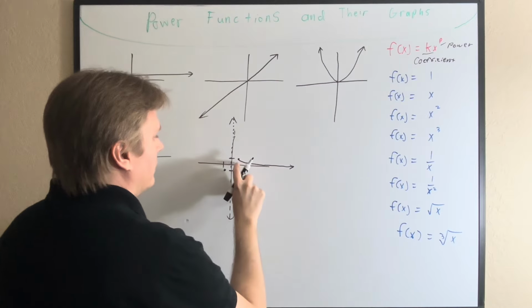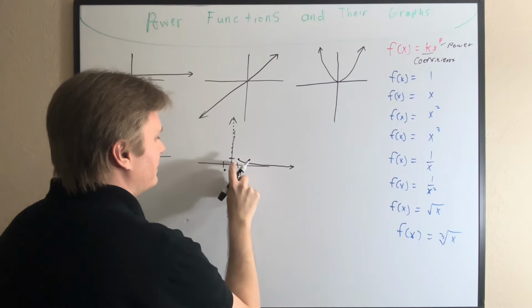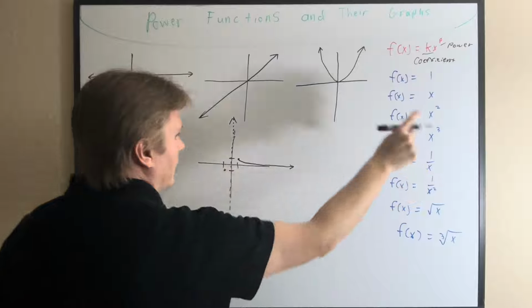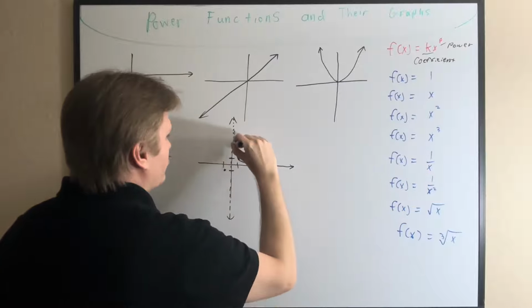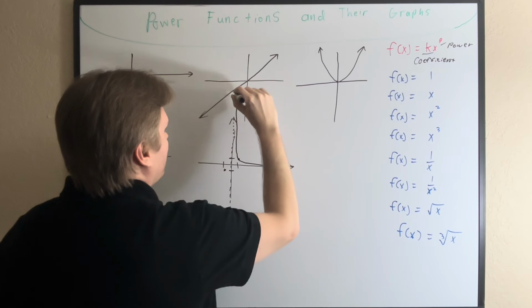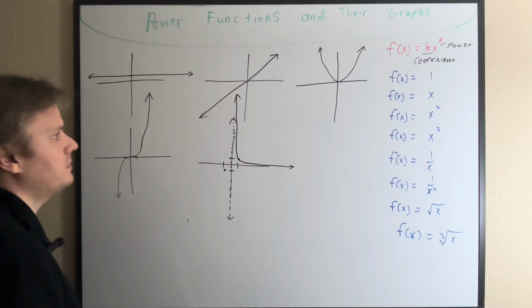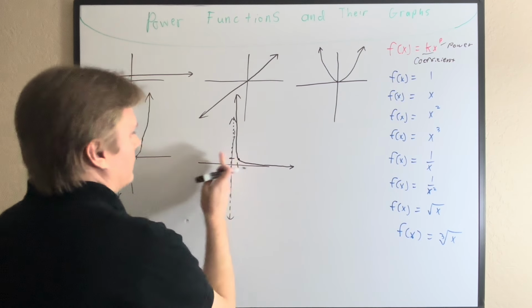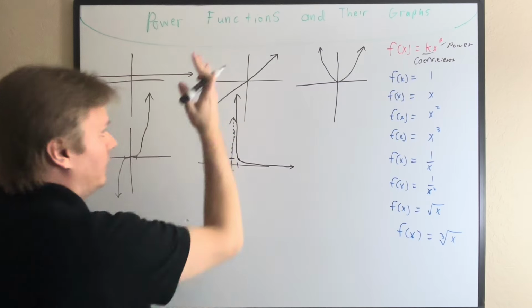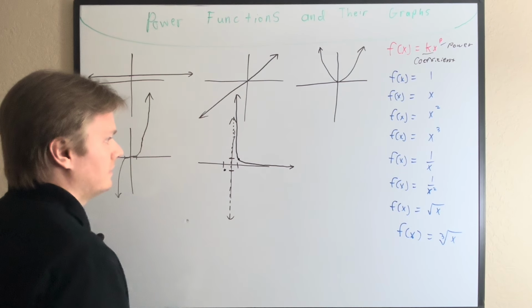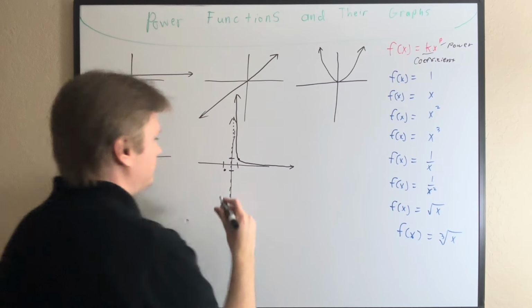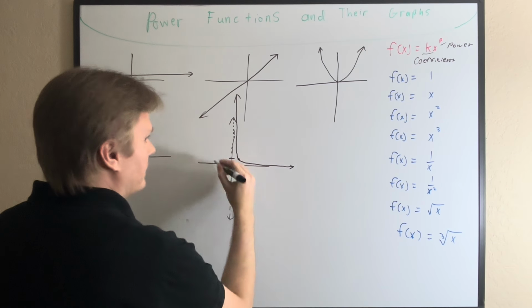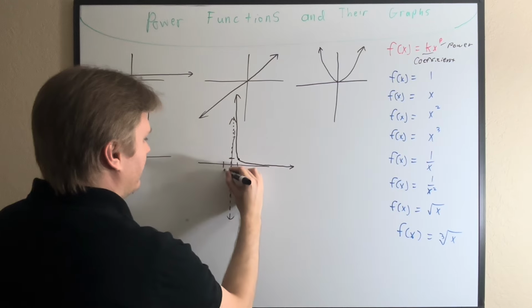And if you get really close to 0 with all these fractions, you're actually getting a much, much larger number out of it. So you're getting closer and closer to positive infinity on the y-axis. And it's the exact opposite on the negative side.